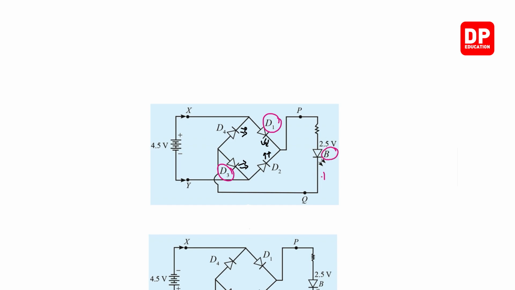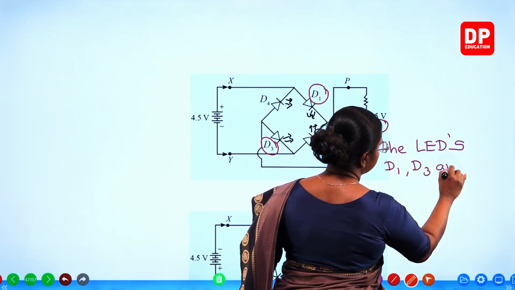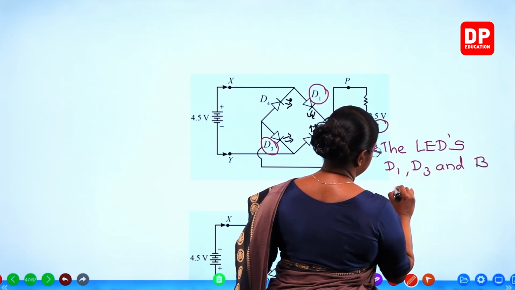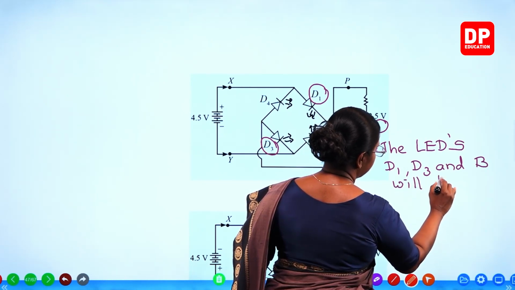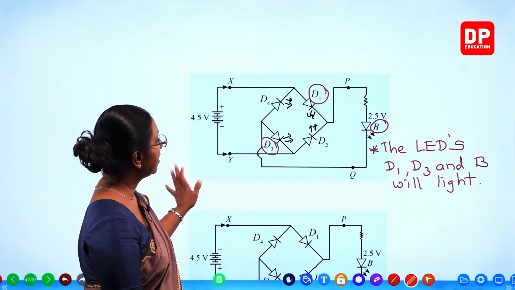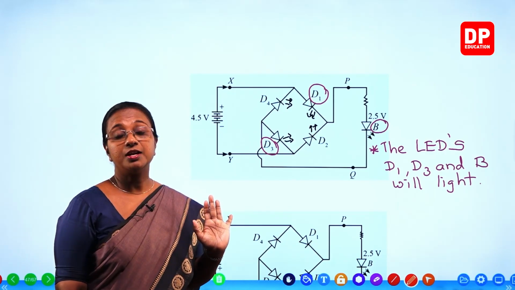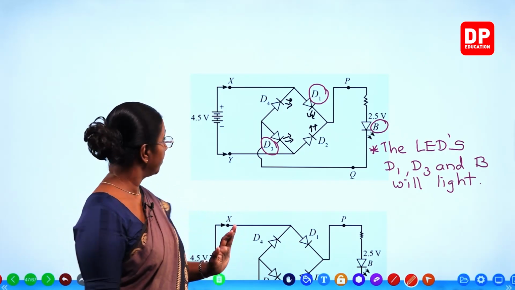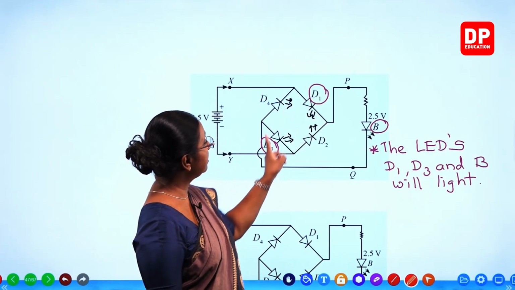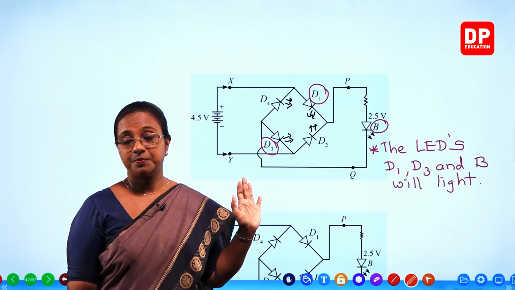So here the LEDs D1, D3 and B will light. So here we are using all LEDs. LEDs also allow current to flow through them only when they are forward biased. In this instance, D1, D3 and B are all forward biased.